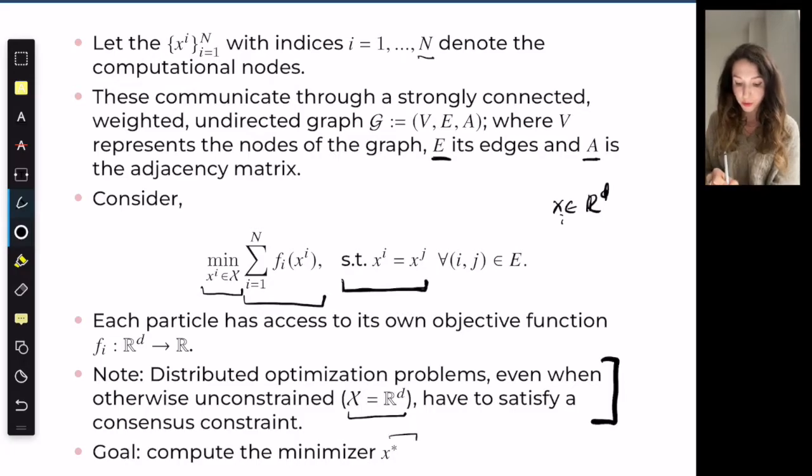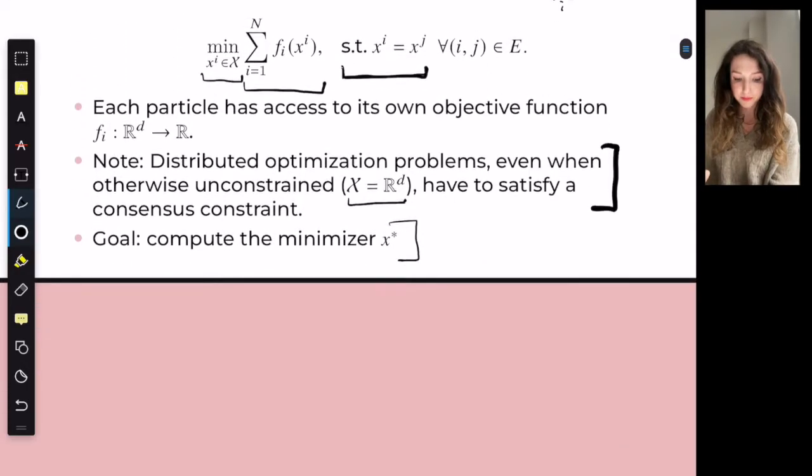And again, the goal is to compute this minimizer x star, which minimizes the sum of all of these fi's, such that also the values of all of the xi's are equal to each other. So this is the general setup in distributed optimization.